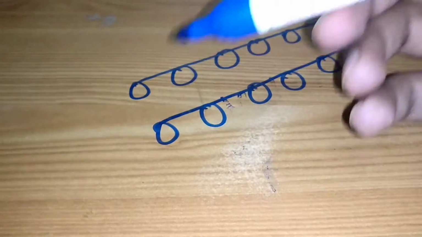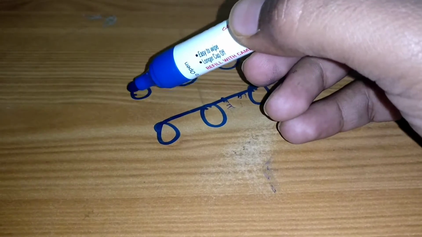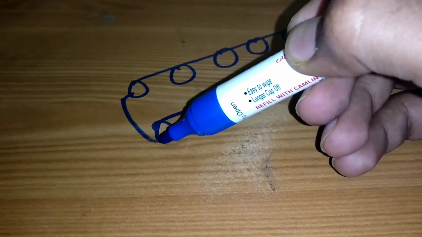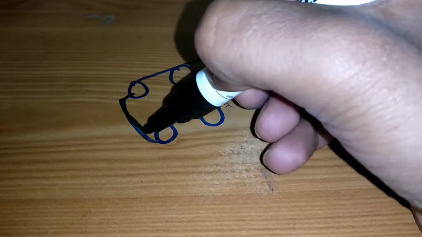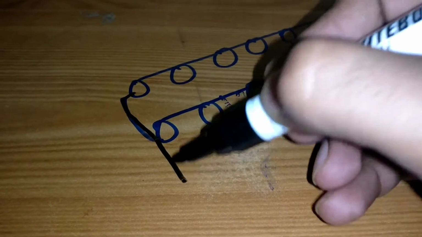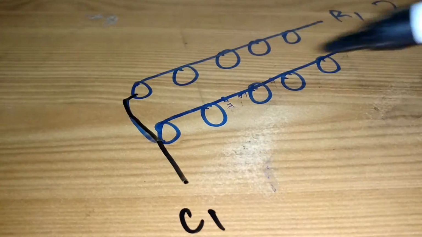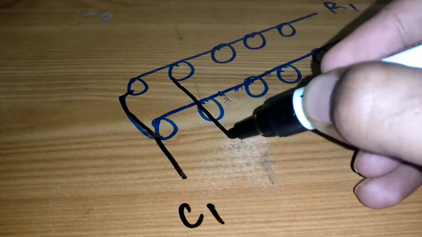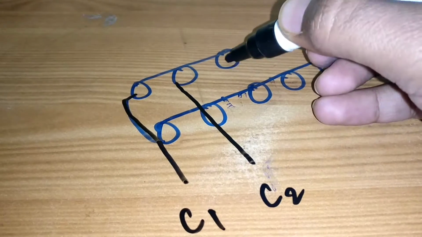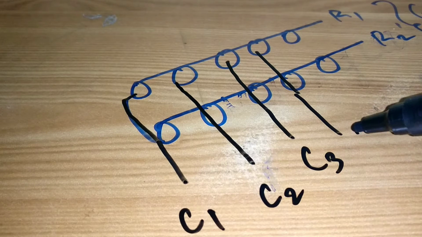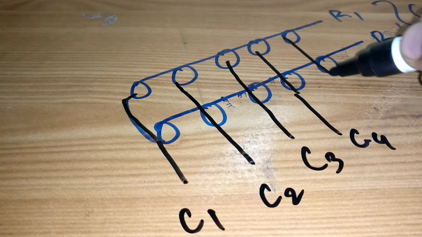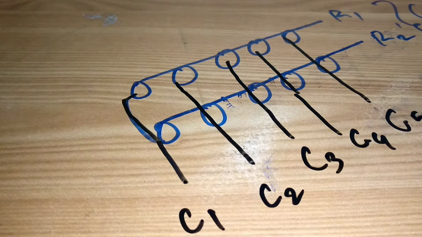Now let's consider the positive terminals. Let me take another marker. Here it is. We take the positive terminals of these 2 LEDs as C1, these 2 as C2, these 2 as C3, these 2 as C4 and these 2 as C5.